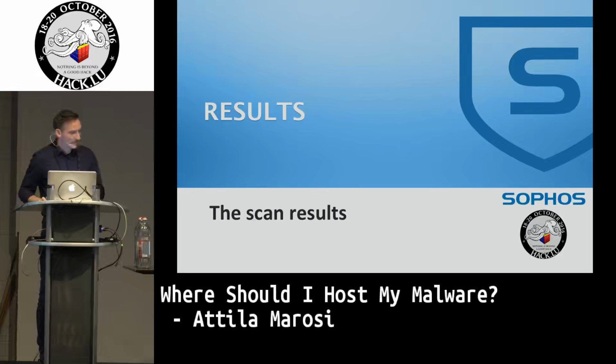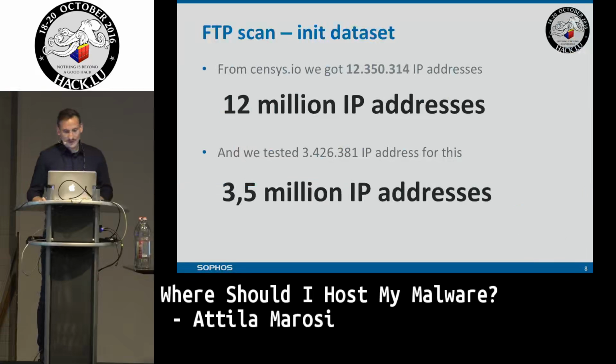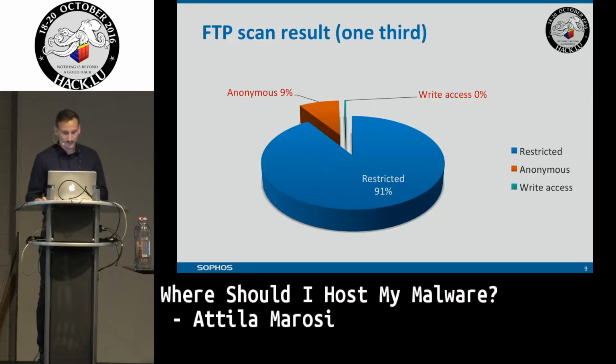So more about the details. From Censys, we got more than 12 million IP addresses which belong to FTP services. We didn't want to test all of them, so we just took 3.5 million to test, because this process is not so fast, and we just wanted a big set of them.